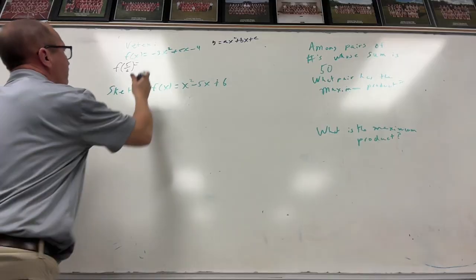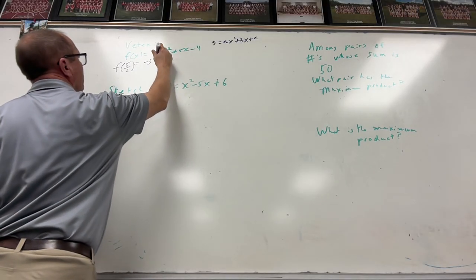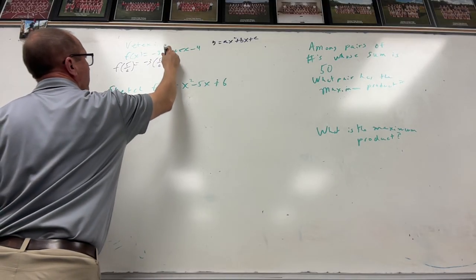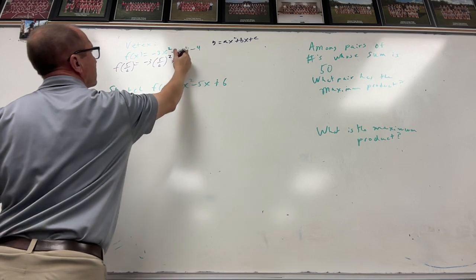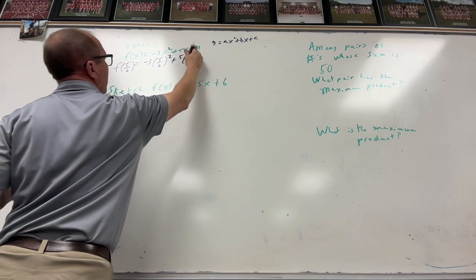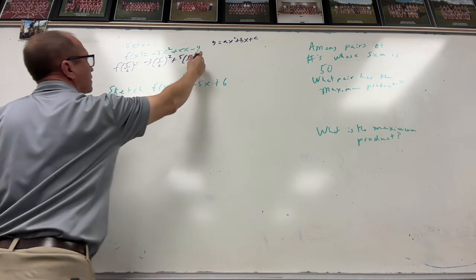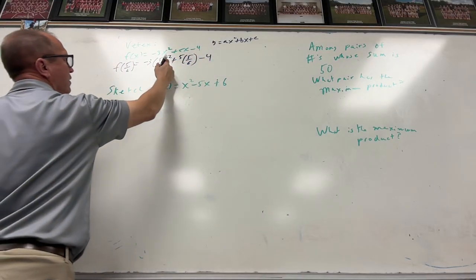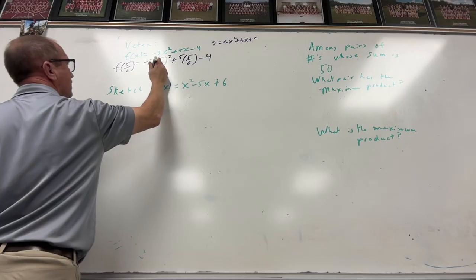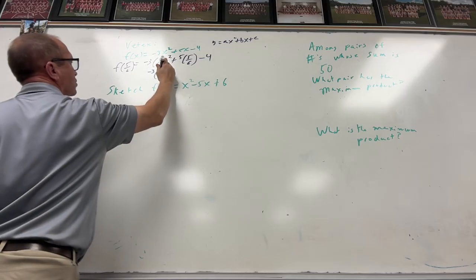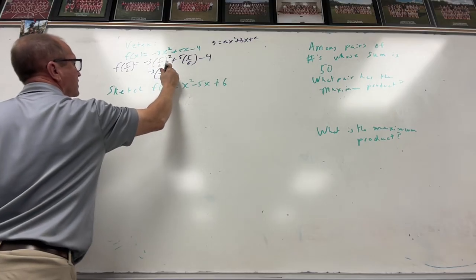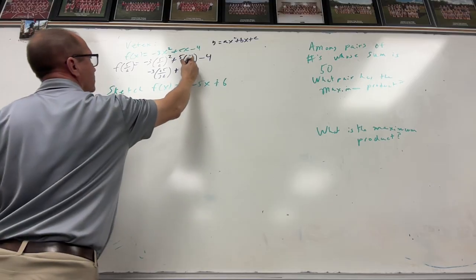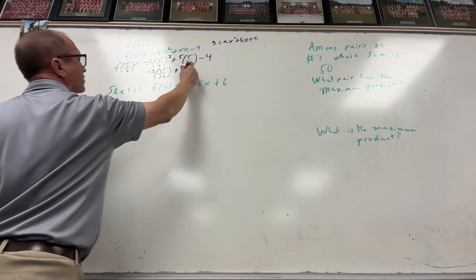I've got negative 3 times 5/6 squared plus 5 times 5/6 minus 4. All right, 5/6 squared is 25/36. So I've got negative 3 times 25/36 plus 25 over 6.